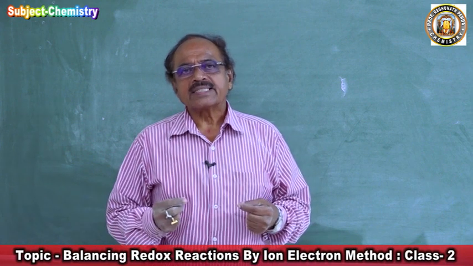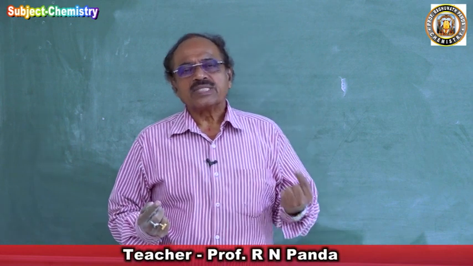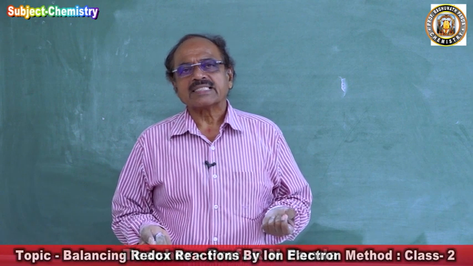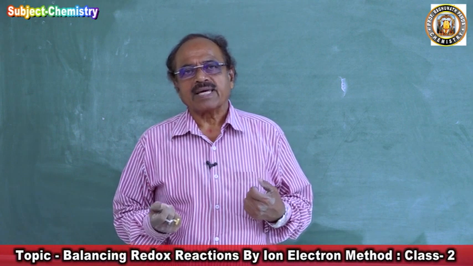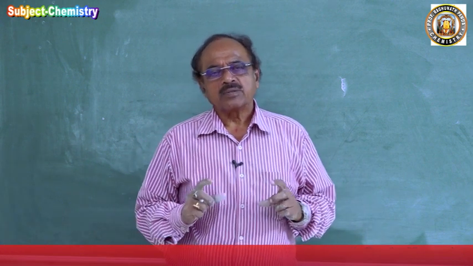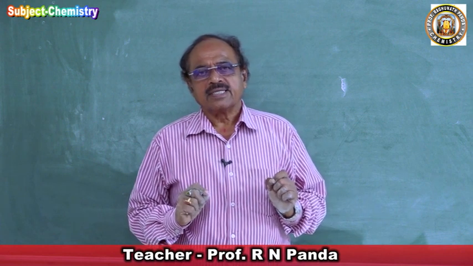So we have to balance these electrons and balance the charges. That is the reason the method is called the ion electron method of balancing equations. So the rules we have made: write down the oxidized and reduced state of the substances.